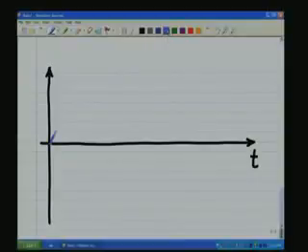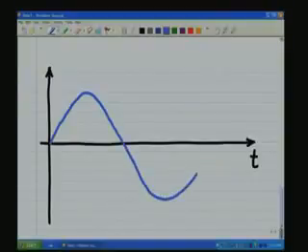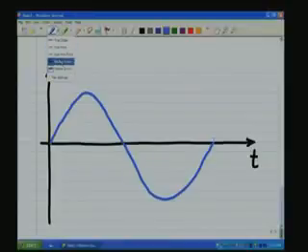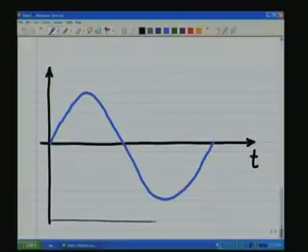It is a sinusoidal waveform, and it has a repeating period T, which means this portion of the waveform keeps repeating every period of time T.